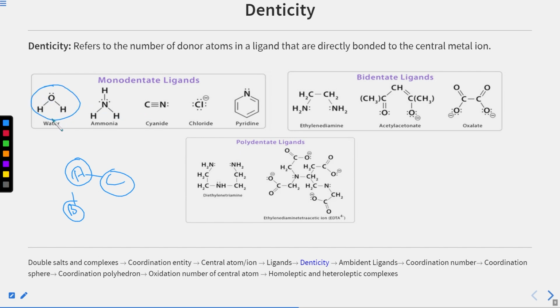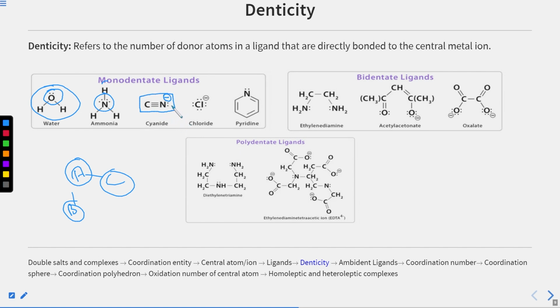Now hydrogen has no lone pair, so the atom which will donate electrons is oxygen. If I talk about ammonia, again hydrogen is not good for donating electrons, so nitrogen will be the one donating electrons. If I talk about CN minus, there will be a negative sign here.